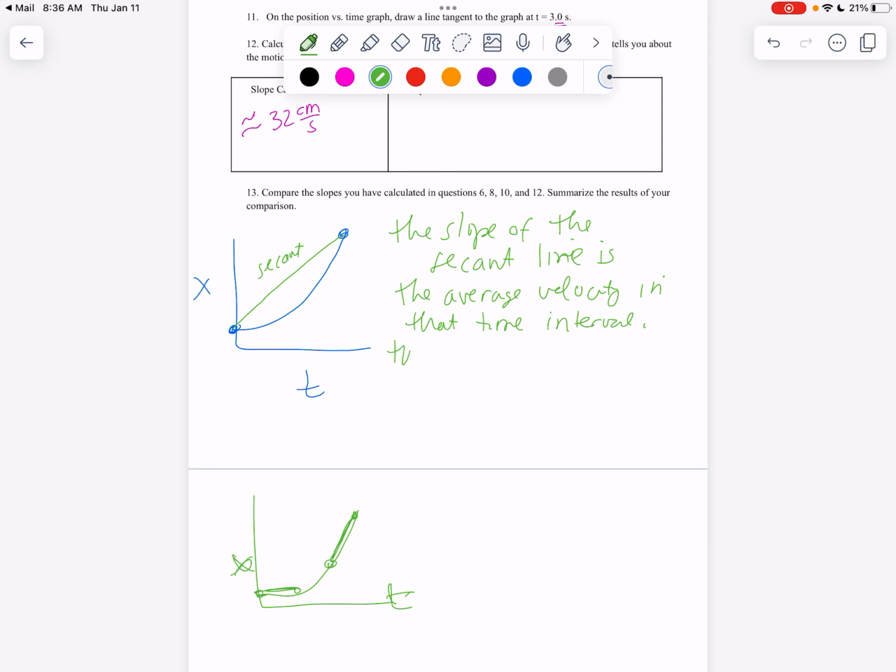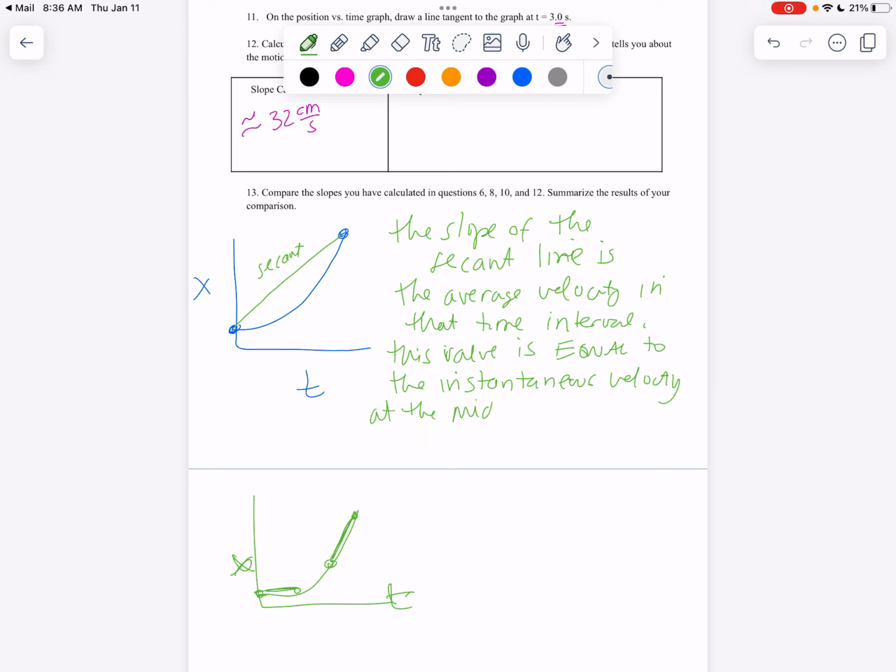This value is equal to the instantaneous velocity at the middle time, don't say midpoint, the middle time of that interval, okay?